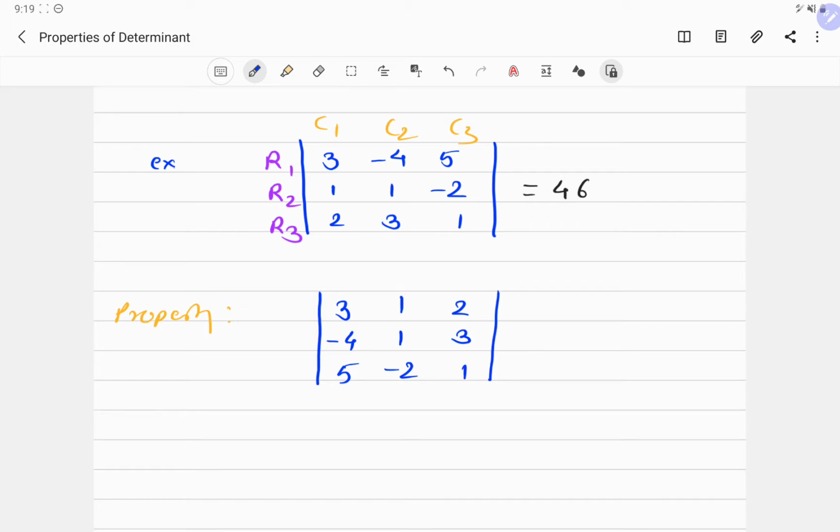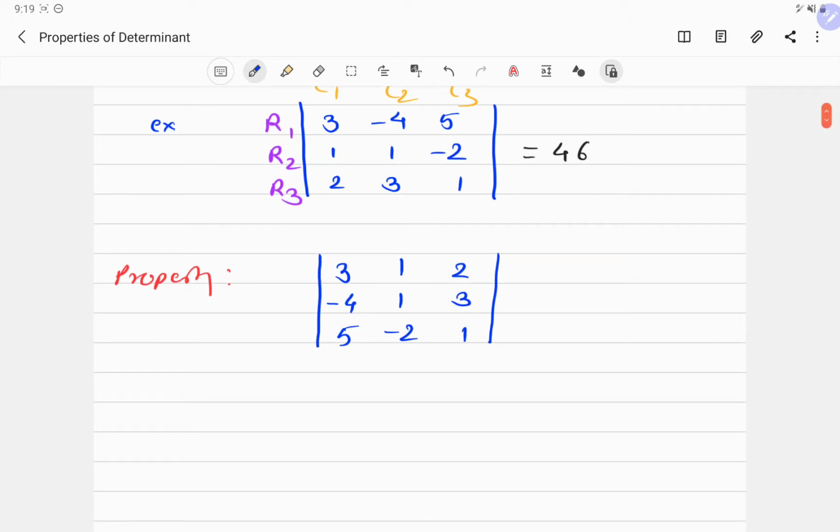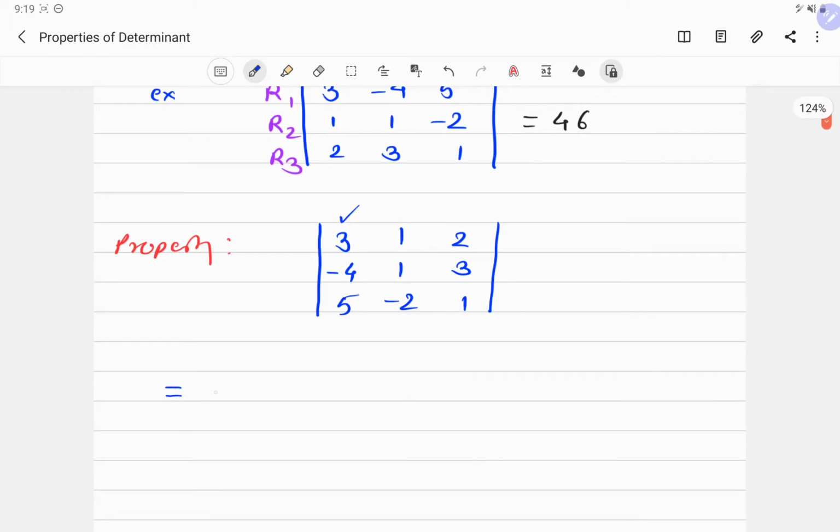According to them, even though we interchange all the rows and columns of this determinant, the value of the determinant remains the same. Let's cross verify this. Here I am taking the expansion along the first row. The expansion along this 3 is 1 into 1 is 1, minus 2 into 3 is minus 6.